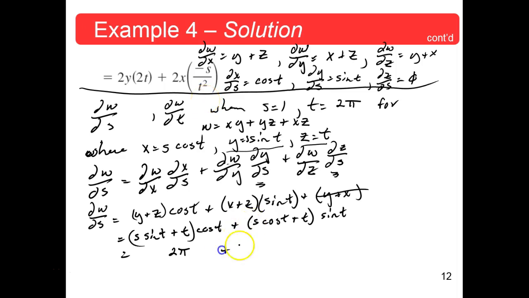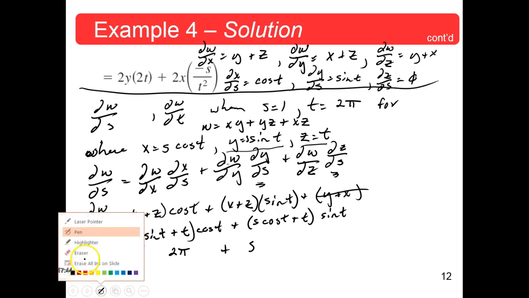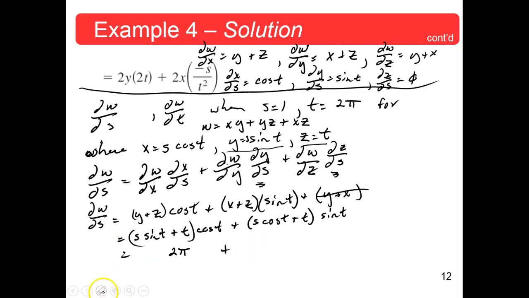So that's 2 pi plus S, which is 1, times the cosine of 2 pi, which is 1, plus the sine of 2 pi, which is 0. So this is 2 pi when S is 1 and T is 2 pi. That just gets you that part.